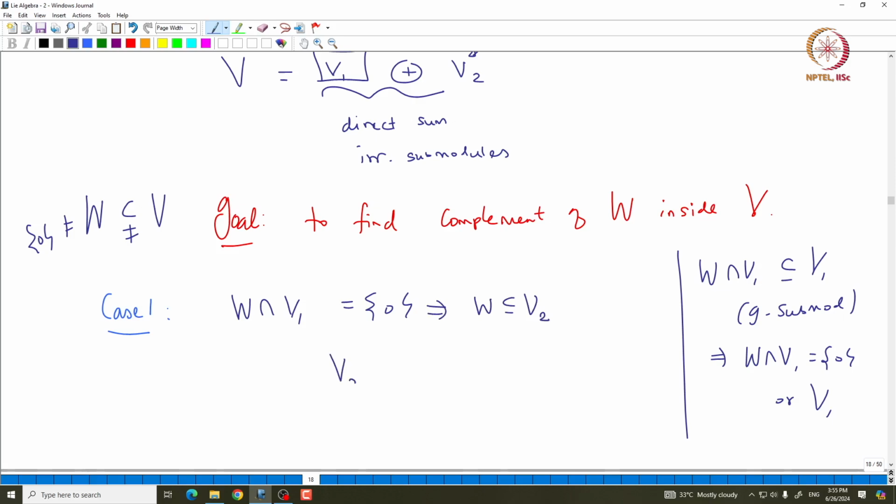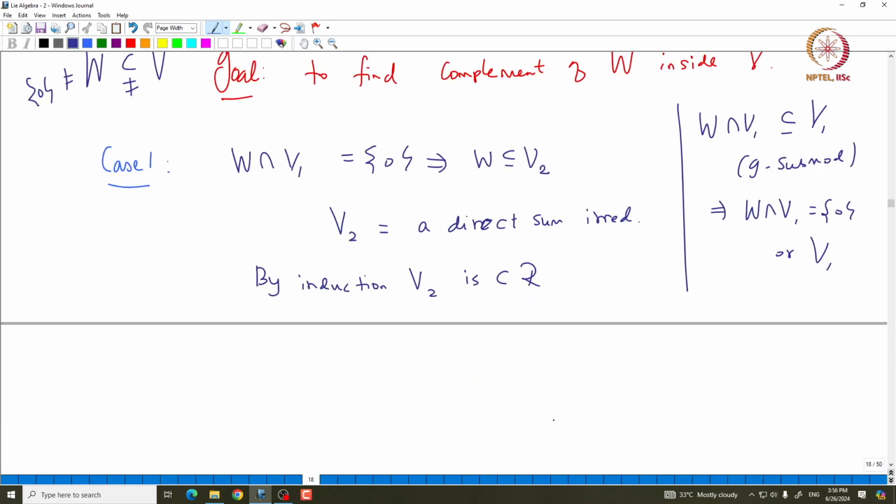Now by induction V2 is a direct sum of irreducibles, so that means by induction V2 is completely reducible. Okay.